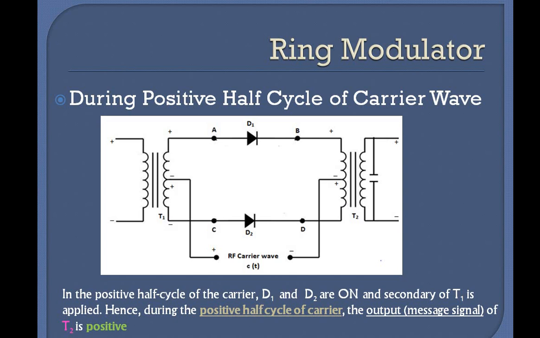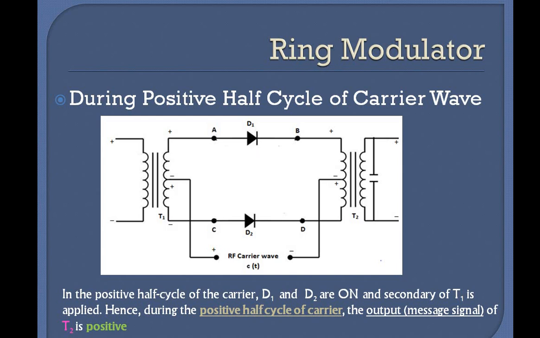Okay, first we will see the operation during the positive half cycle. Clear with the block diagram of the ring modulator, right? During the positive half cycle, what happens when the carrier signal is positive? As we are considering square wave carrier signals, the carrier supplied is positive. So in that condition, D1 and D2 are on, meaning they are in the forward bias condition.